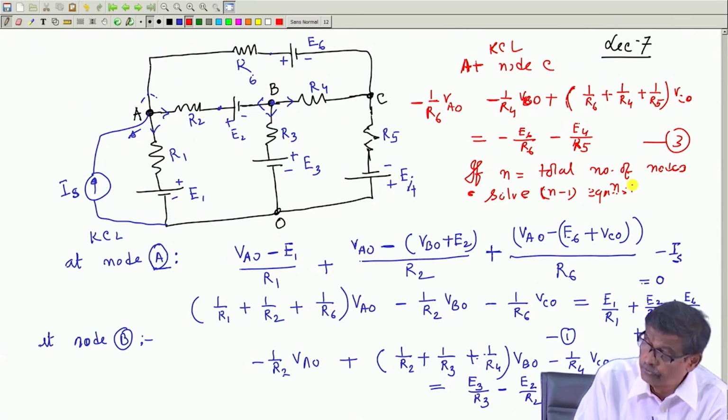For example, here n equal to 4, so 3 equations and 3 node voltages you have to solve.